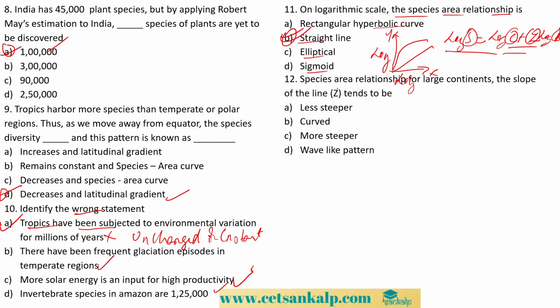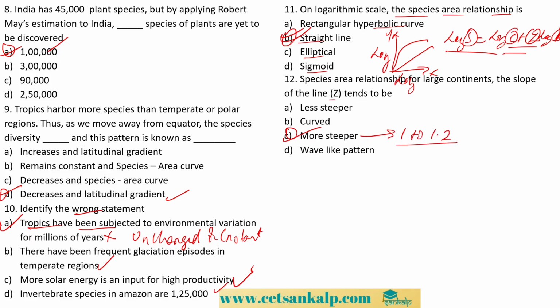The next question: for the species area relationship for the large continents, the slope of the line, that is Z, tends to be less steeper, more curved, more steeper, or wave-like pattern. The answer is more steeper, and generally the value ranges from 1 to around 1.2.